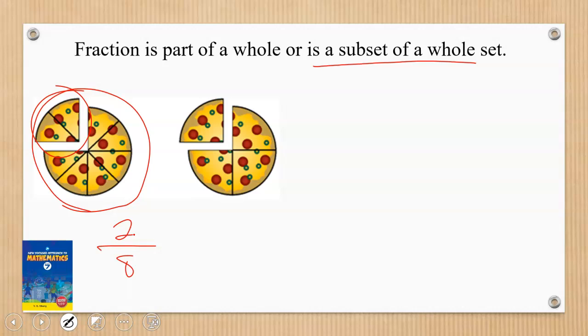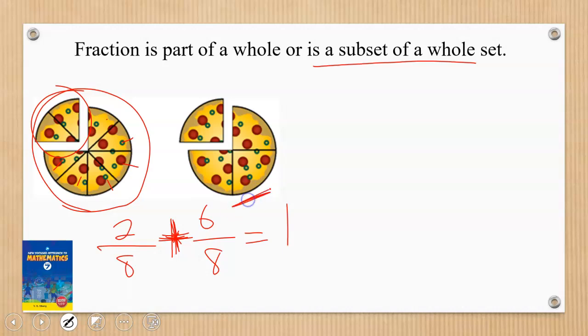The part that is remaining is 6 out of 8, that is 1 2 3 4 5 6 out of 8. Now what it means is that if you add these two fractions together, it should give you 1 as a whole.